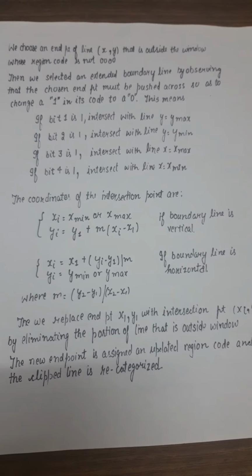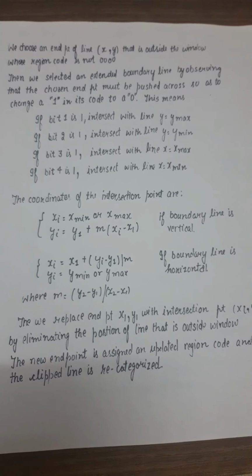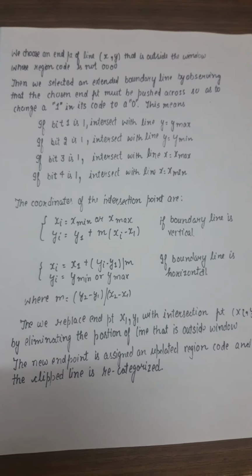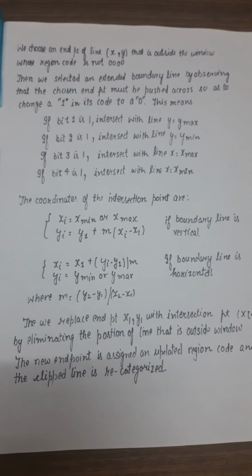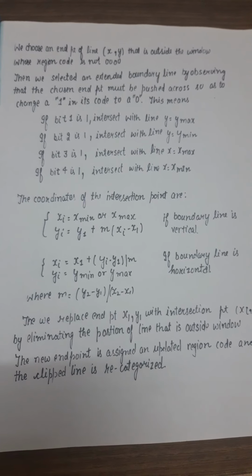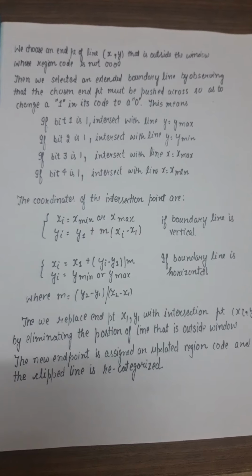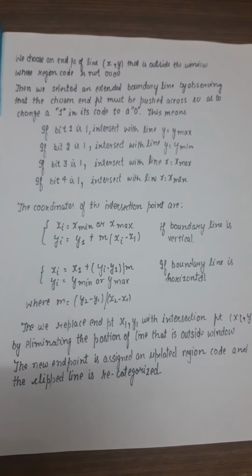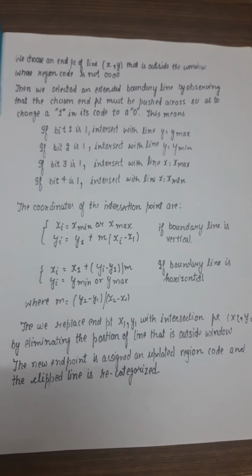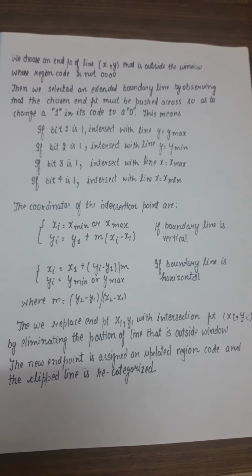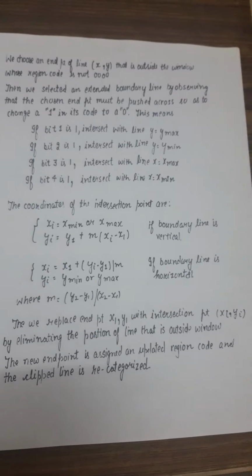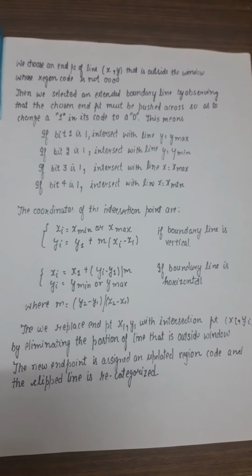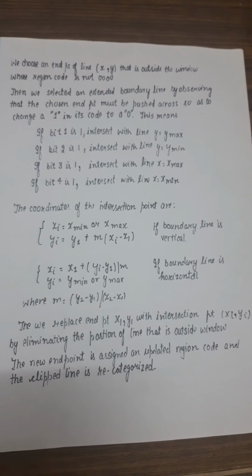Similarly, if the boundary line it is intersecting is horizontal, in that case the xi coordinate of the intersection point is given by x1, which is the starting point x value, plus (yi minus y1) divided by m, where m is the slope, calculated as (y2 minus y1) upon (x2 minus x1). Similarly, yi is given by y min or y max.